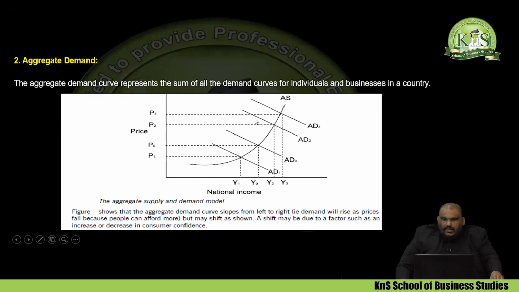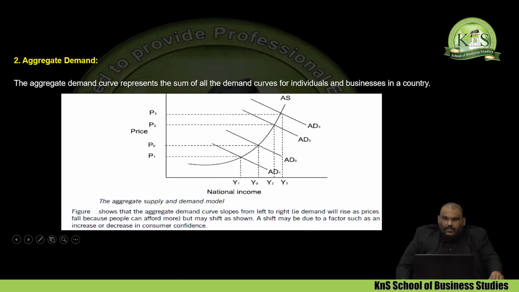Whenever your demand matches supply, that's called equilibrium. Like over here, over here, over here, and over here, right? On the four points where AS is matching AD, that's where the equilibrium will be.